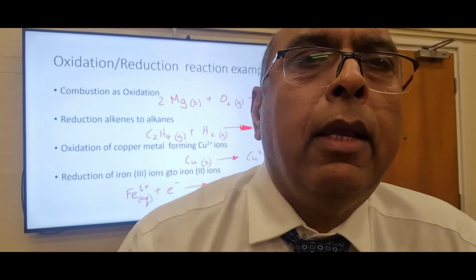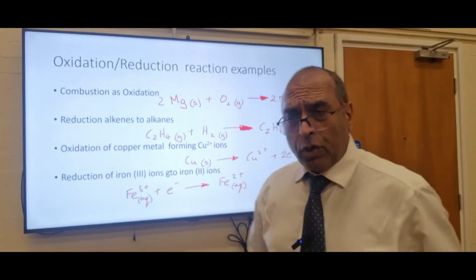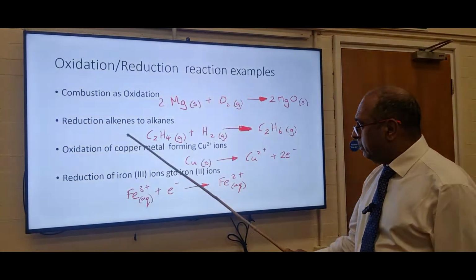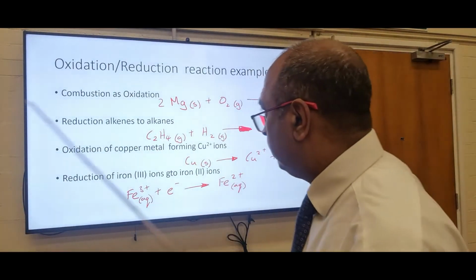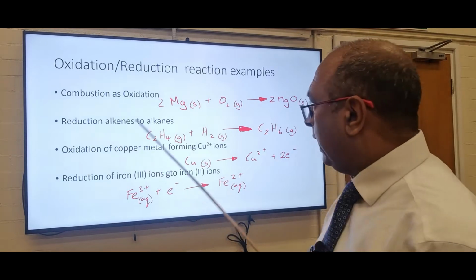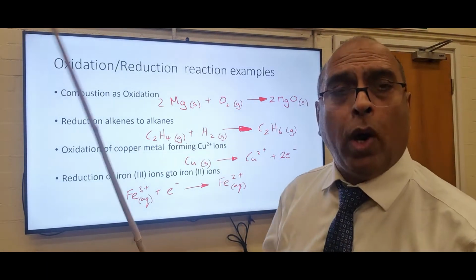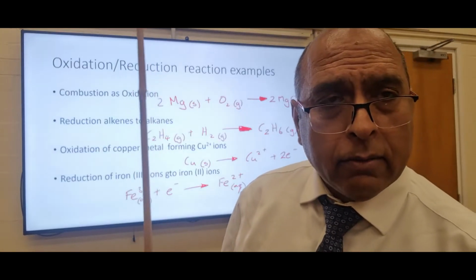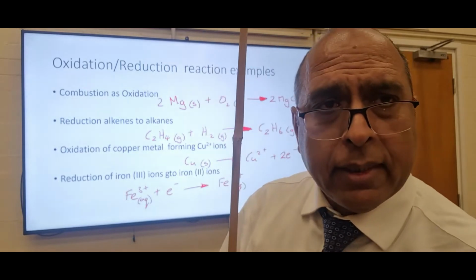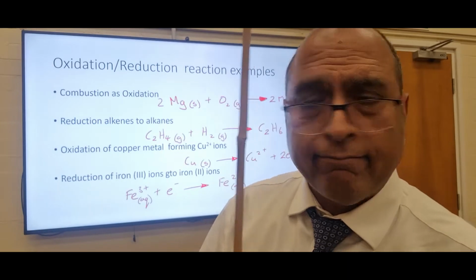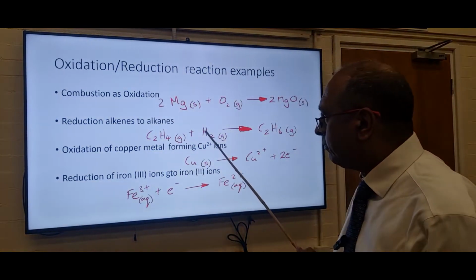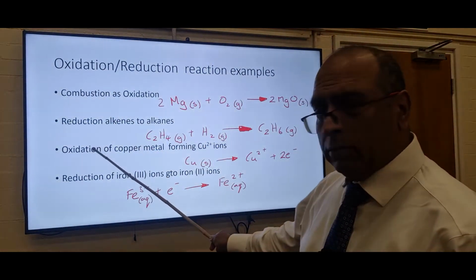So, I'm coming back to this one. It's a reduction. Alkenes to alkanes, why is it reduction? Well, the easy way to explain this is, well, it's the addition of hydrogen.